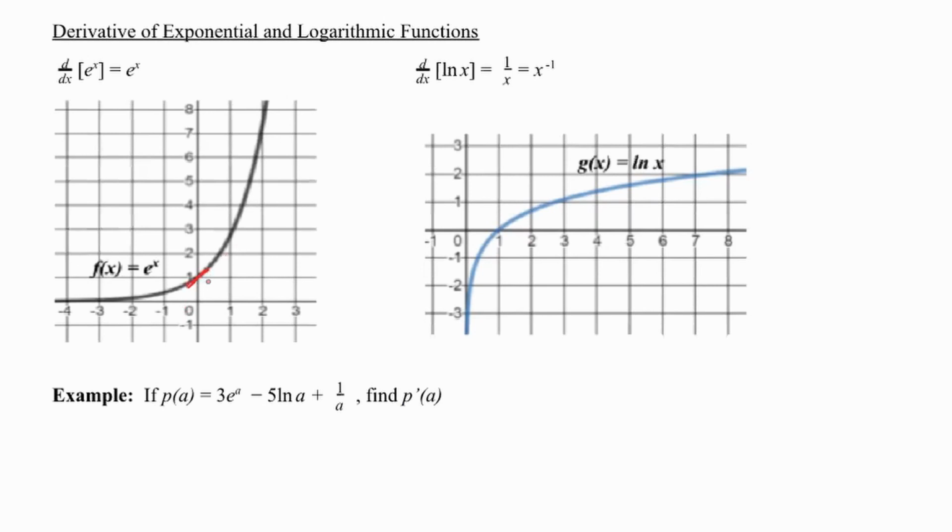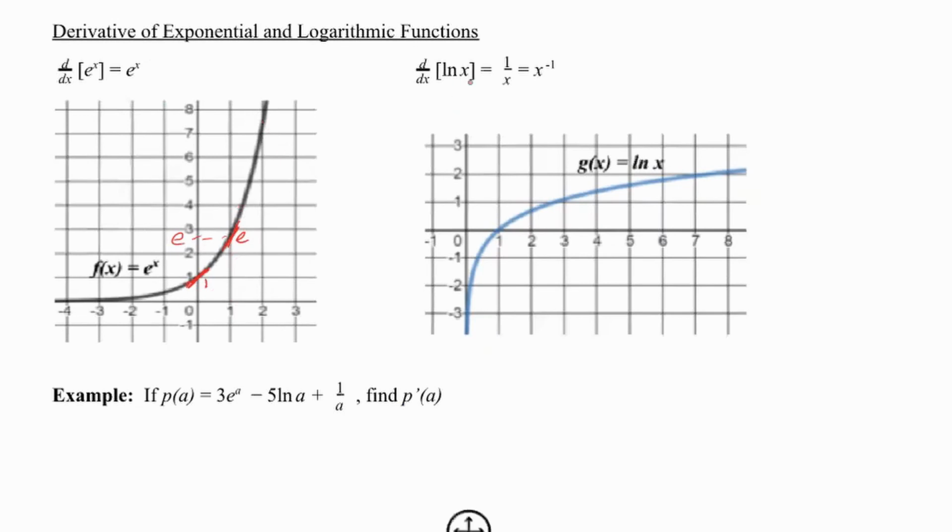The slope is about 1. That's also the y value. And if we look here at 1, our slope would be e. And what's really cool about this is that the y value and the slope of the tangent line are always the same for e to the x.